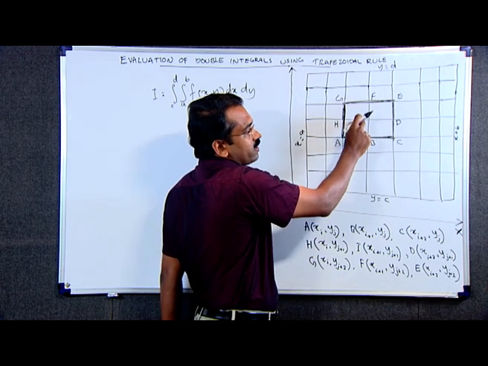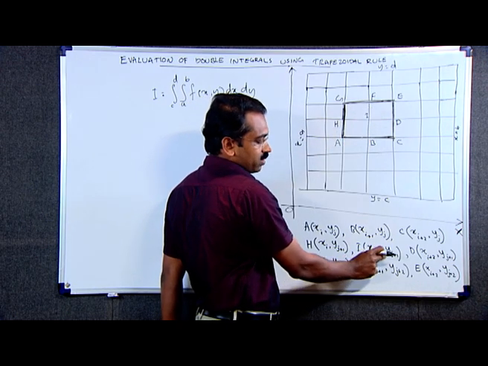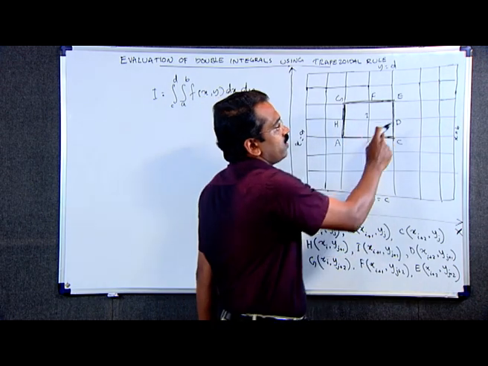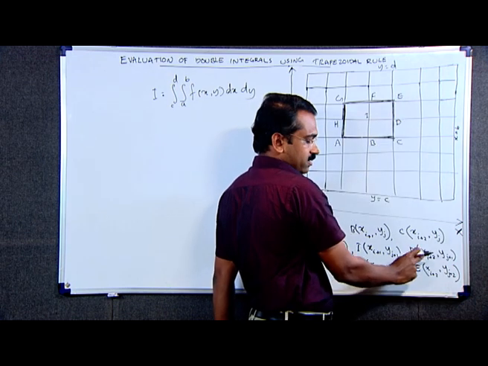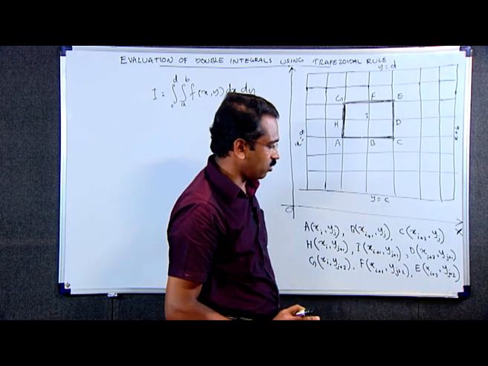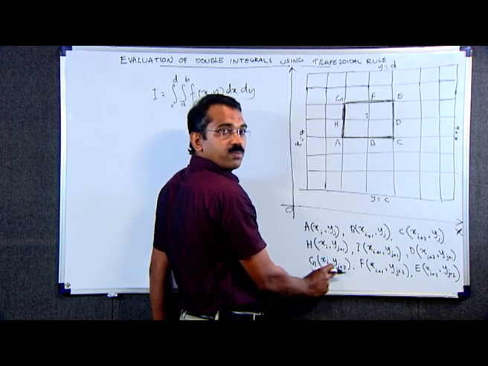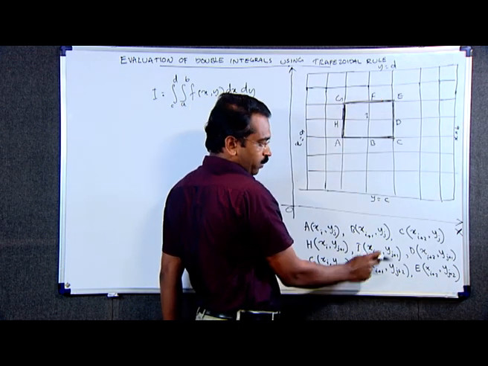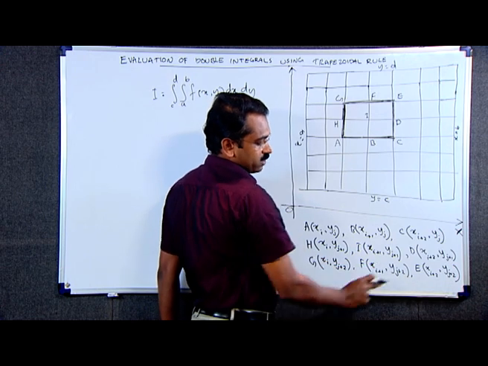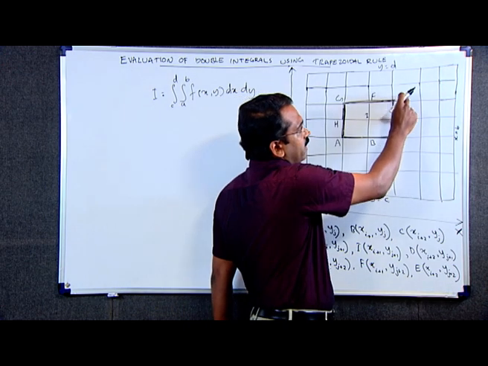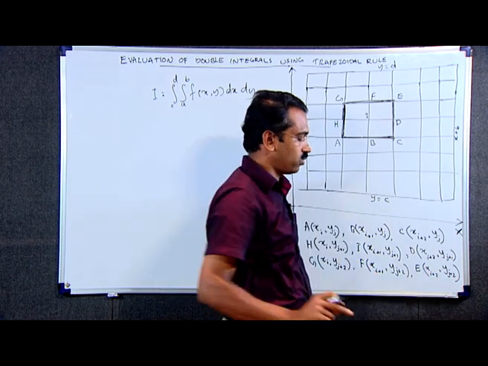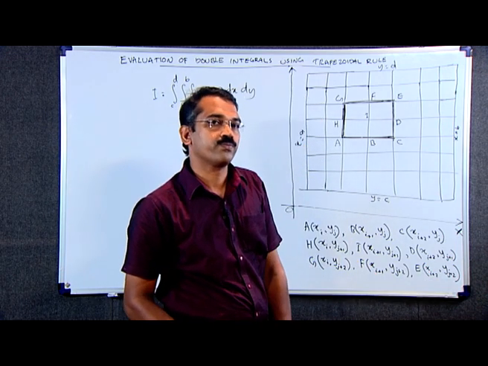The center point I is (xi+1, yj+1). This point D is (xi+2, yj+1). G be the point (xi, yj+2), F be the point (xi+1, yj+2), and E be the point (xi+2, yj+2).